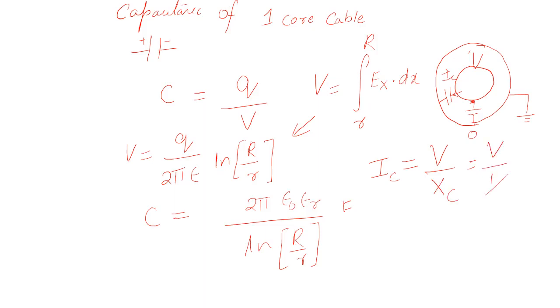Xc is 1 by omega C, and this C is what you have just calculated. So your charging current is nothing but omega C into V.